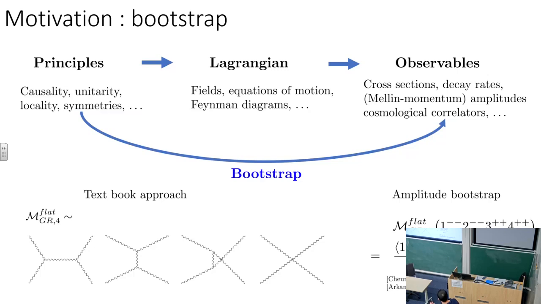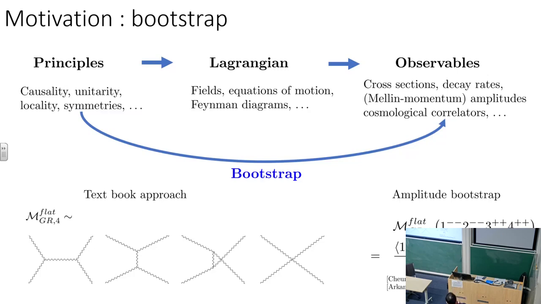The way to speed up the computation of, for example, tree-level gauge theory amplitudes at higher points is to use the amplitude bootstrap technique. We just require the consistency conditions of the physical principles listed here to directly constrain our observables such as amplitudes and correlators, by requiring the consistency relations between them. Moreover, at tree level this can even fix the amplitude directly.